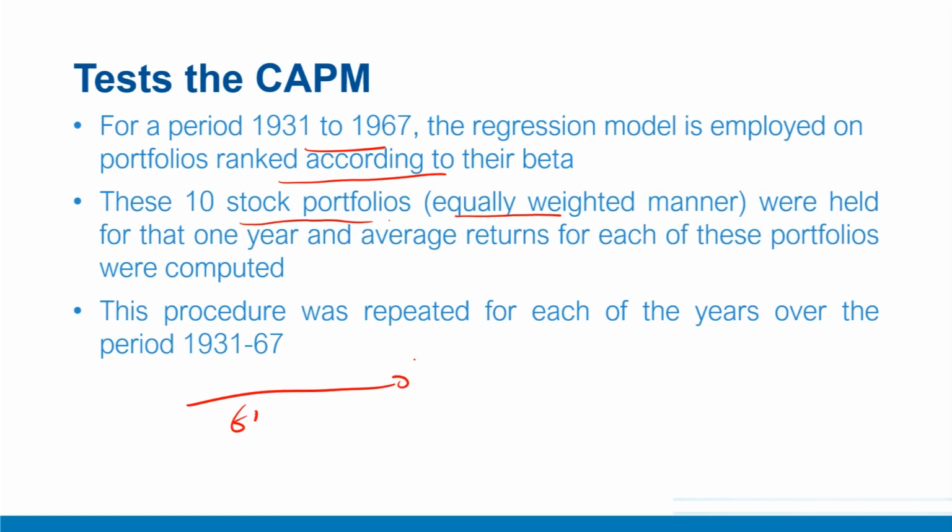So they held these beta sorted stocks for 1 year and computed the average returns from these equally weighted portfolios. This procedure was repeated for each of the subsequent years, computing beta for the previous 60 months, that is the 5-year period, and then every year changing the composition based on the previous 5-year beta estimates.